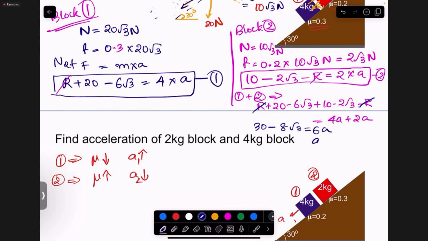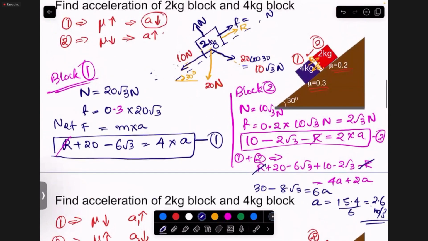So A equals (30 minus 8 root 3) by 6, which is approximately 2.6 meter per second square. So that is how we calculate the acceleration.